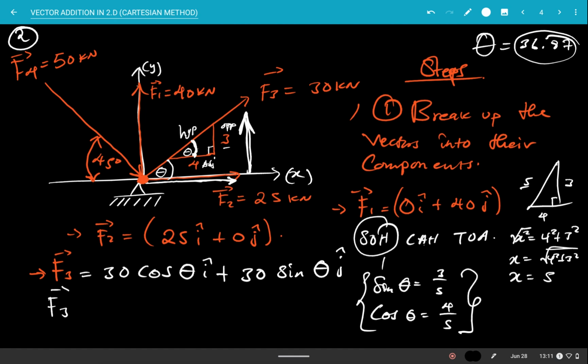So F3 is equal to 30 times cos theta, which is 4 over 5, in the i, plus 30 sine theta, which is 3 over 5, in the j. So it's one and the same thing. If you do cos 36.87, you get 4 over 5. If you have your calculators with you right now, you can just punch it in and see if it's correct.